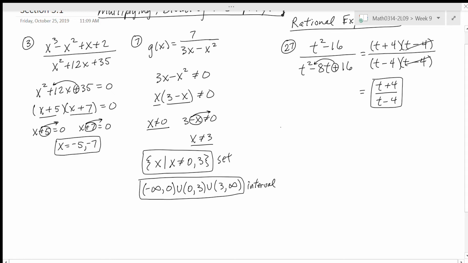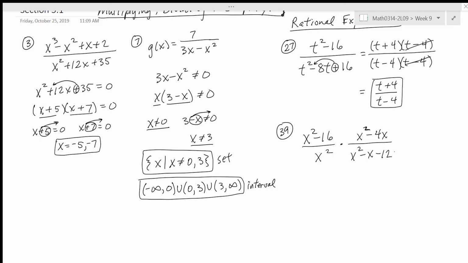Next problem. Number 39. All right, so do y'all see in this problem, now we have multiplication with fractions.